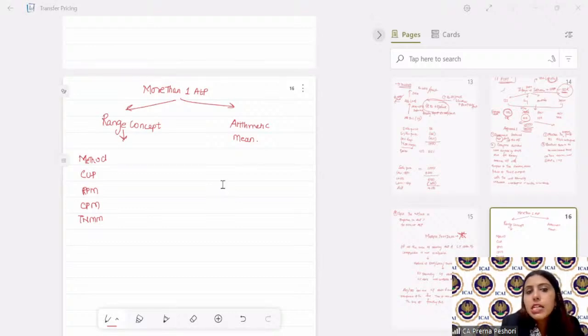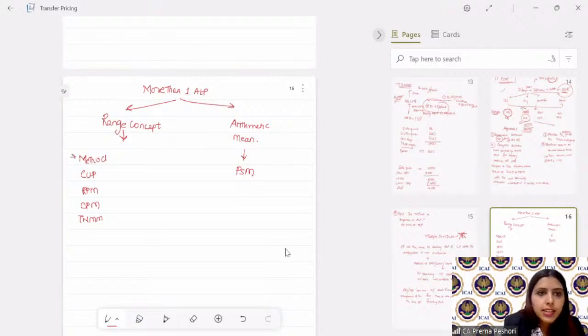For the PSM, the range concept is not there. So when your method is resale price, cost plus, or transactional net margin method, or the CUP method, in that case, you can go as per the range concept. And if you have the PSM method, you will go as per the arithmetic mean.